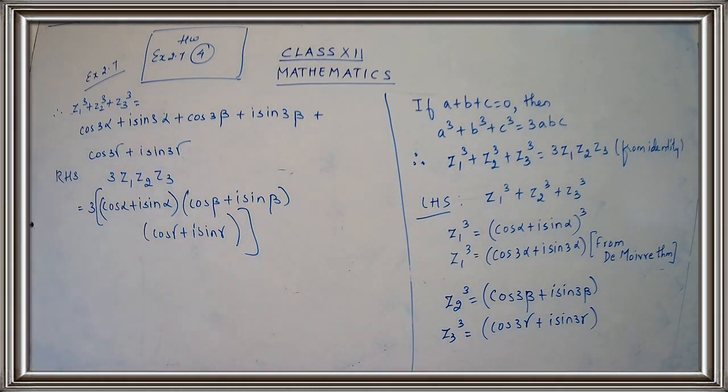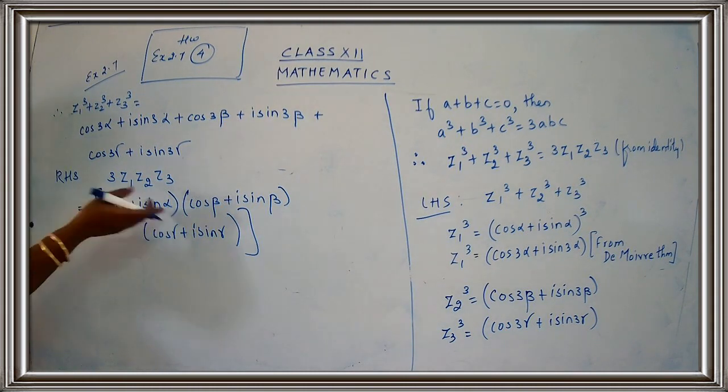Come on, substitute the value, children. So now here we are going to use a property. Let's see what property can be used over here. So this is Z1 into Z2 into Z3. We have already used the property of polar form. Do you remember the property of polar form, children?